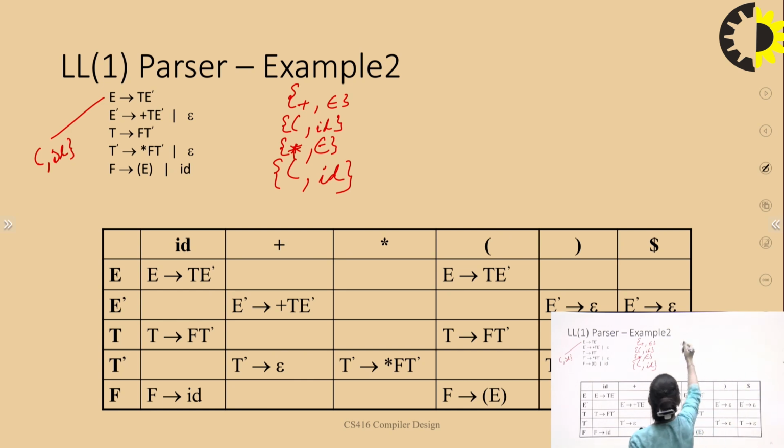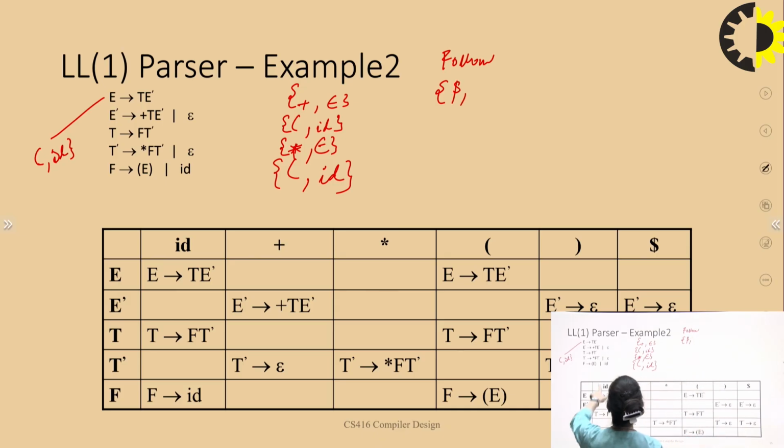Now if I'm talking about follow, the follow of the starting symbol is always dollar, and the next part is what immediately follows that particular non-terminal. E is present on the right-hand side here, and just after E is the closing bracket.